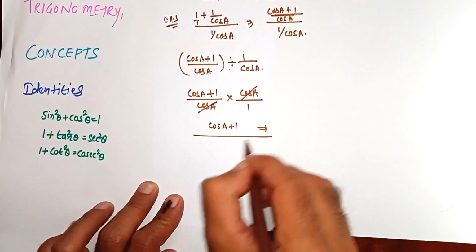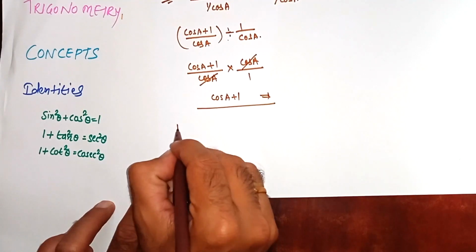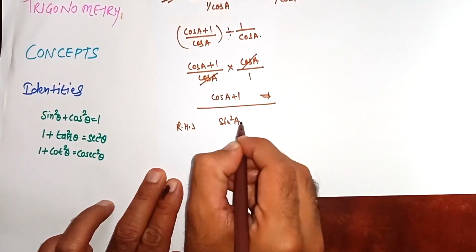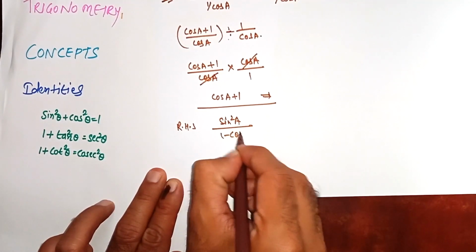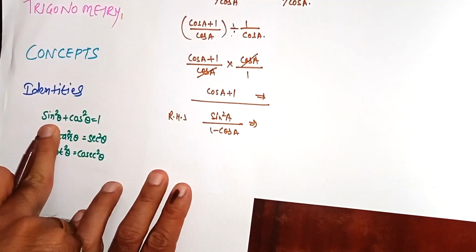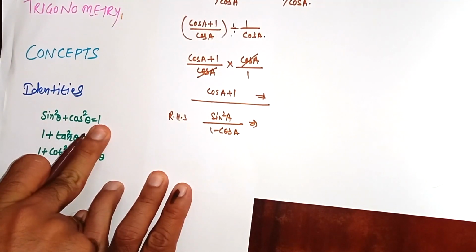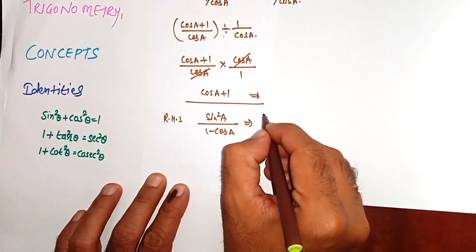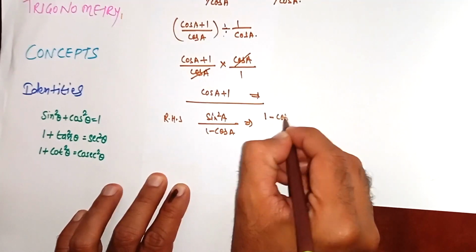So let's take the RHS now. What is our RHS? Sin square a over 1 minus cos a. What does our identity say? The sin square a plus cos square a is equivalent to 1. So what can we write in place of sin square a? We can write 1 minus cos square a.